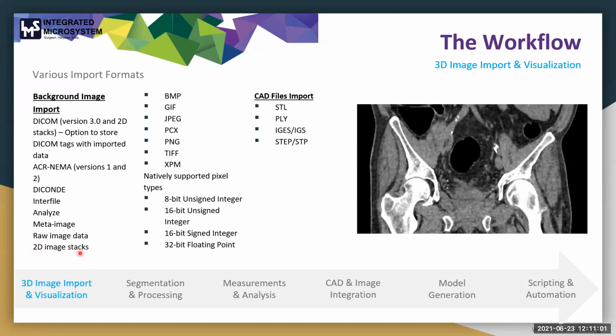And then we have some 2D image stacks, which we usually get from micro-CT scanners. They can be BMP, GIF, TIFF files, and they come as a stack of images. We just have to know the spacing between them, and we get a similar output as a DICOM.